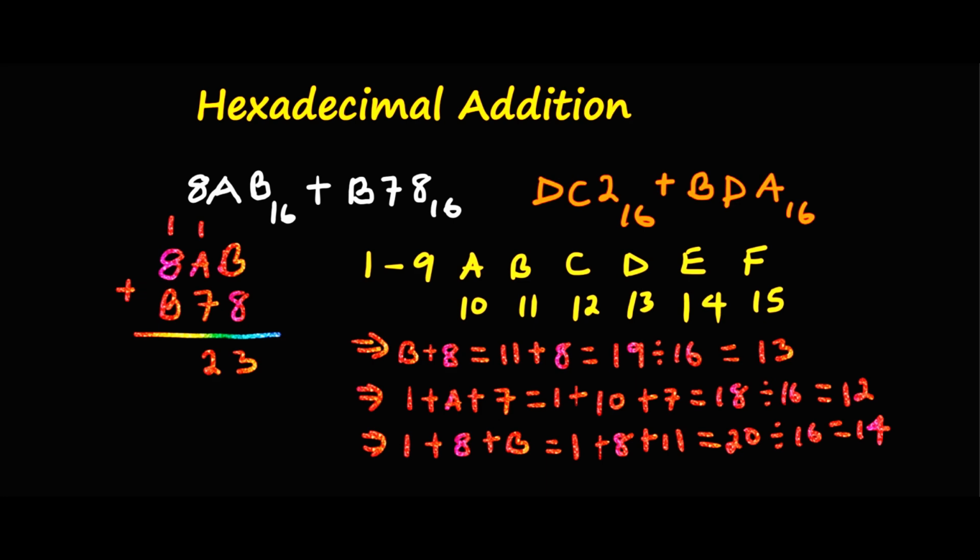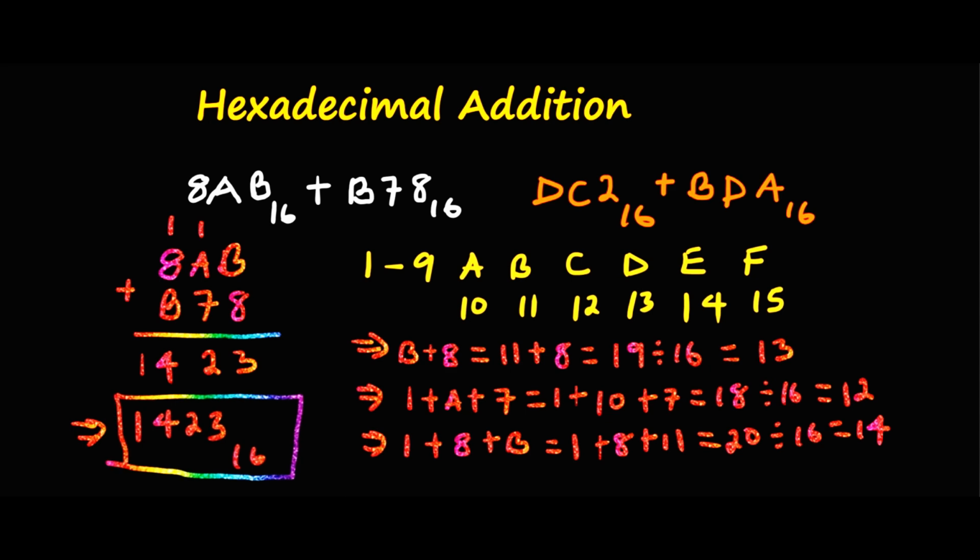So again, you write the 4, but this time, because there is no other value to the left, you just take 1, 4 as the last one, so that your answer for the first one is 1423 base 16, and that is the answer for the first example.